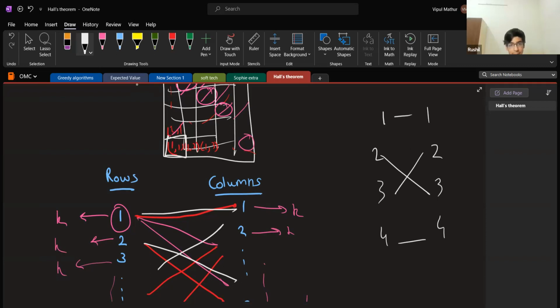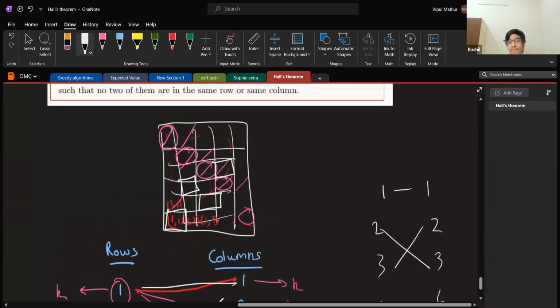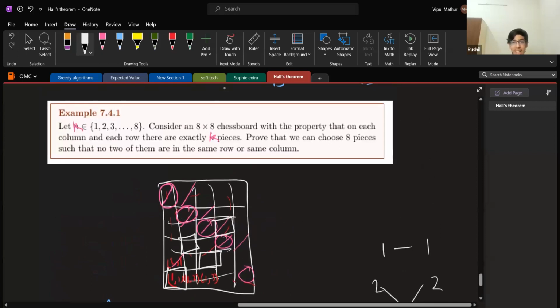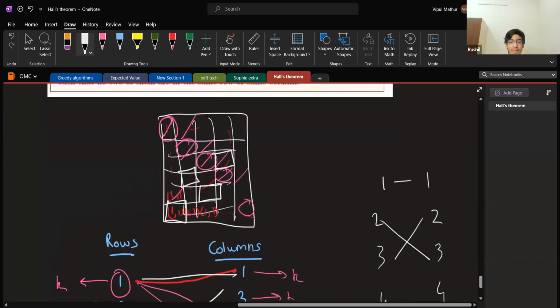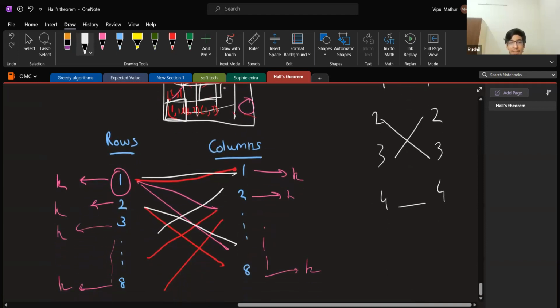What this would mean is you take this cell 1, 1, you take 4, 4, you take 2, 3, and 3, 2, like this. And no two of these share a row or column, because that's how we made it. It all works out. And we can delete these 8 pieces, and now there'll be k minus 1 in each row and column. So we can do this again. That's a pretty cool thing.